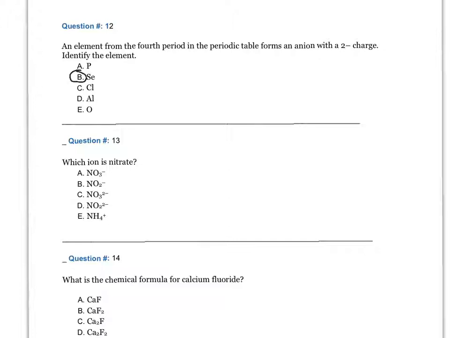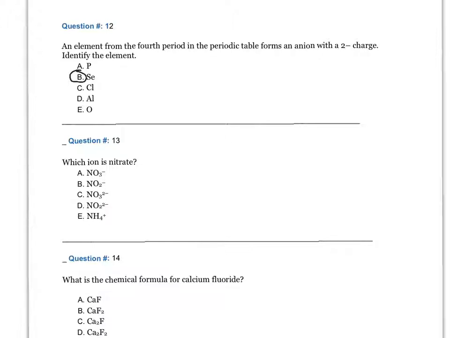If you look at the periodic table, in the second period you have oxygen, third period you had sulfur, fourth period selenium. Selenium is underneath sulfur. It gains 2 electrons to become like its nearest noble gas, which if you look at the periodic table is krypton.